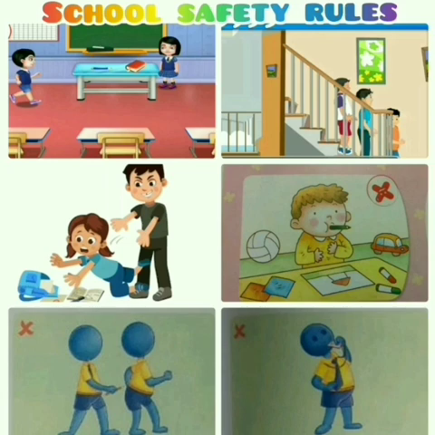The third one is do not push anyone. Right? And the next one is do not put things in the mouth. Now, the another one is do not poke pencils to others. And the last one is you should never play with your ID cards.